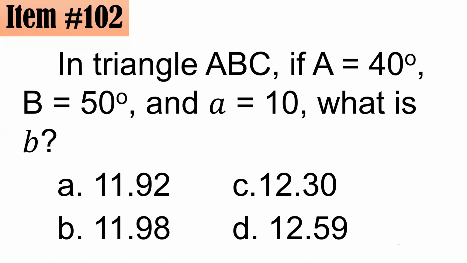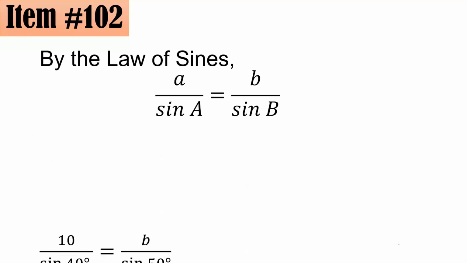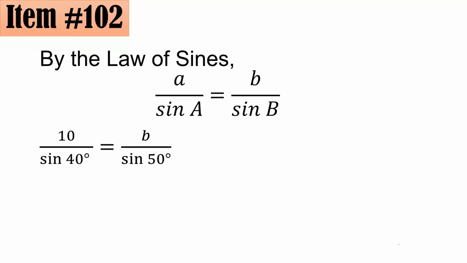Tama po. It so happened kasi 50 plus 40 is 90, so yung remaining angle is 90 degrees. So right angle nga siya. Pero even though kahit hindi mo alam yon, we can still use the law of sines. So we have 10 over sine 40 degrees equals b over sine 50 degrees. No?